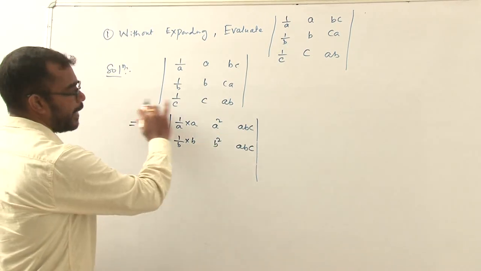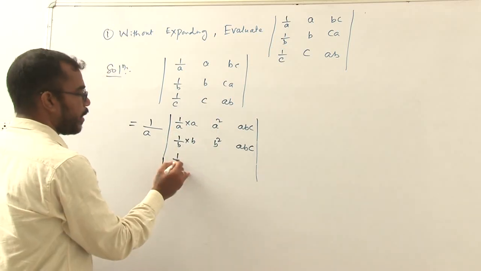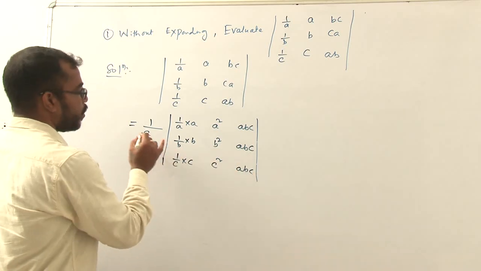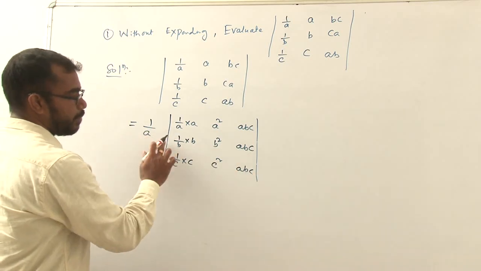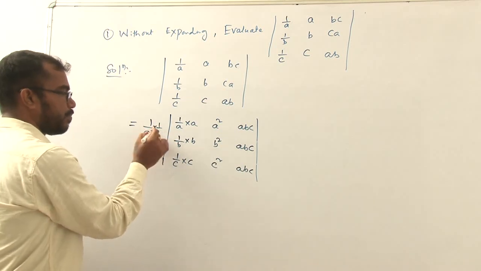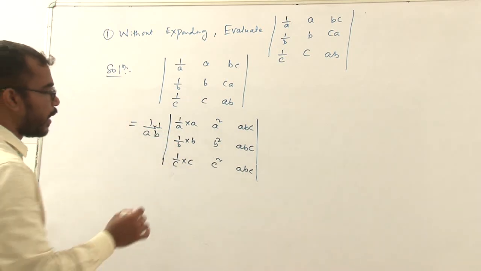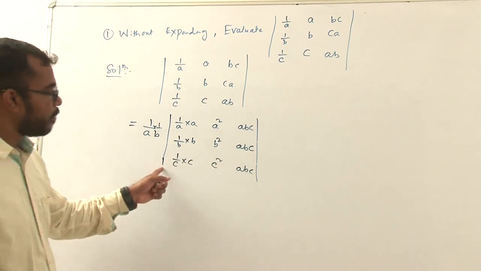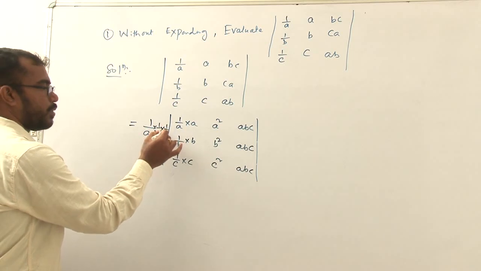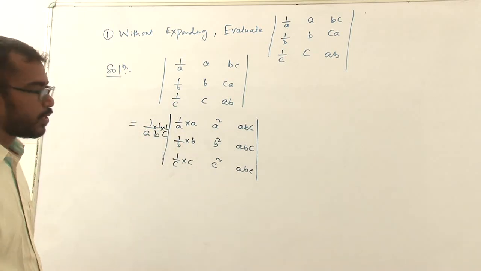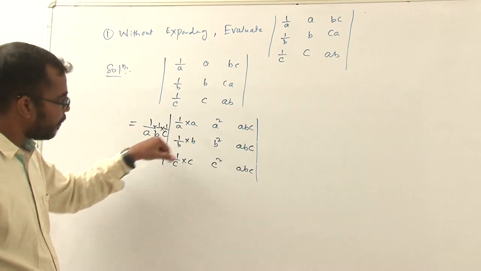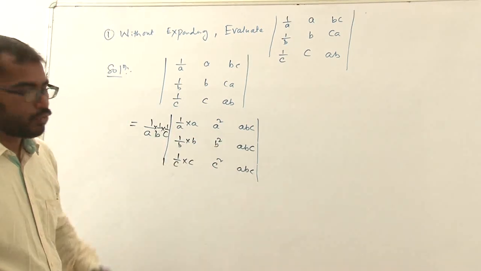Similarly, if we multiply C, we get 1 by C into C, C square, ABC. In the second row, if we multiply B, we have to divide it also. And similarly, as we multiply C in the third row, we have to divide by C also. As A is multiplied, A is divided. Similarly in the second row and third row.